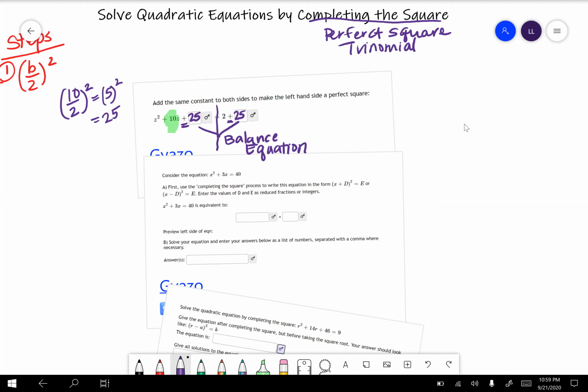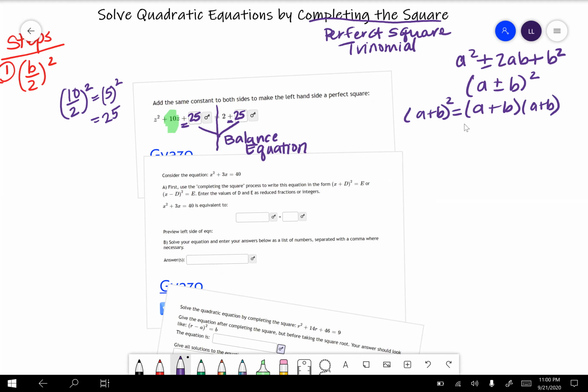First of all, it looks like a squared plus or minus 2ab plus b squared, and can be factored into a plus or minus b squared. Remember, that just means it could be a plus b times a plus b, which is the same thing as saying a plus b squared. Or it could be a minus b times a minus b, which is the same thing as saying a minus b squared.